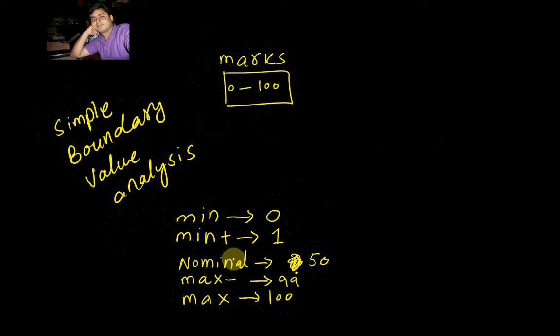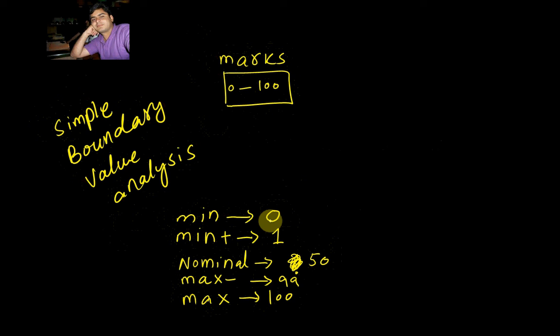Nominal value is most typical and far away from the boundaries. Here the boundary values are 0, 1, 100 and 99, and the nominal value 50 is very far away from them.